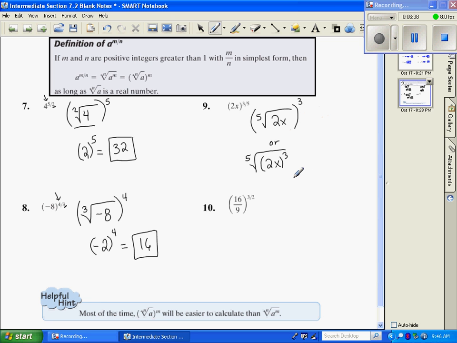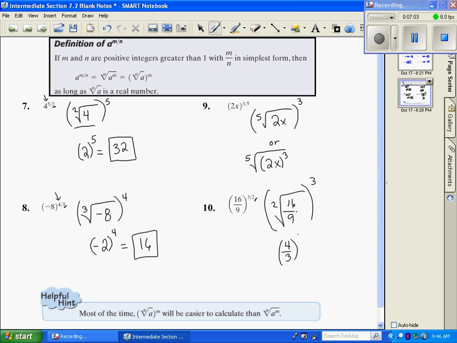Alright, number 10, we're going to have 16 ninths, square root of that, and then I'm going to cube it. So I want to know what squared gives me 16 ninths. Well, 4 squared gives me 16, and 3 squared gives me 9, so that's going to be that.